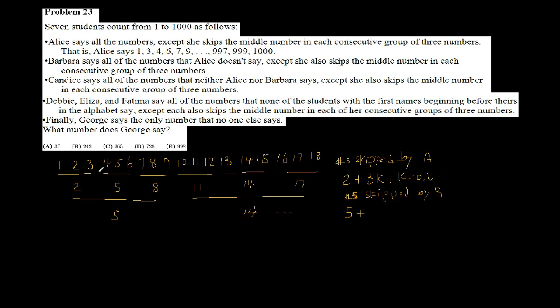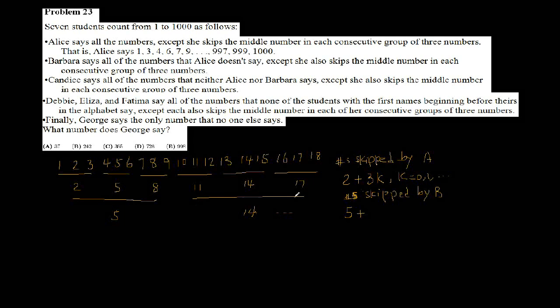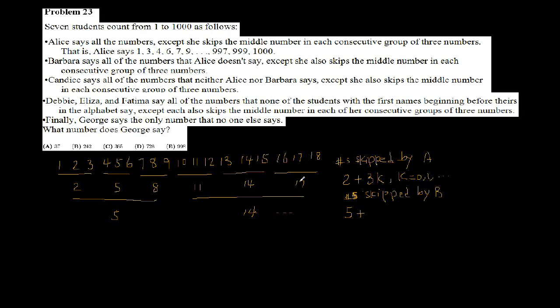For A, every 3 numbers. For B, for every 3 numbers skipped by A, B will skip. So actually 3 times 3, which is equal to 5 plus 9k. Okay, start from 0. So every 9 numbers in the sequence, B will skip.